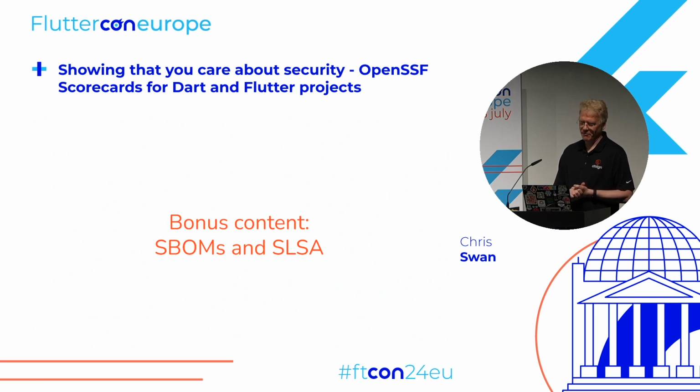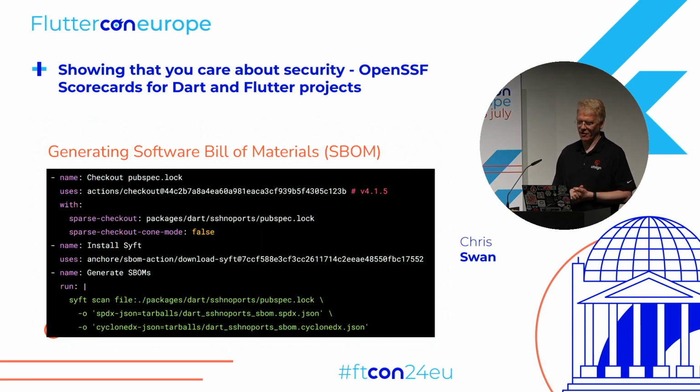So I've put in a bit of bonus content here. The agenda was about Scorecard, but there's some related stuff that I think is coming into much more visibility and has been part of our work at @Sign in recent months. Software bill of materials is where you can tell people what's inside what you're shipping to them.